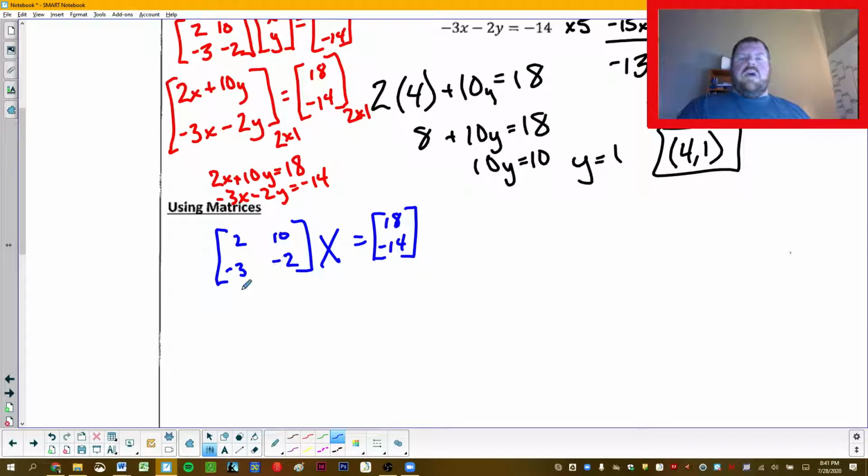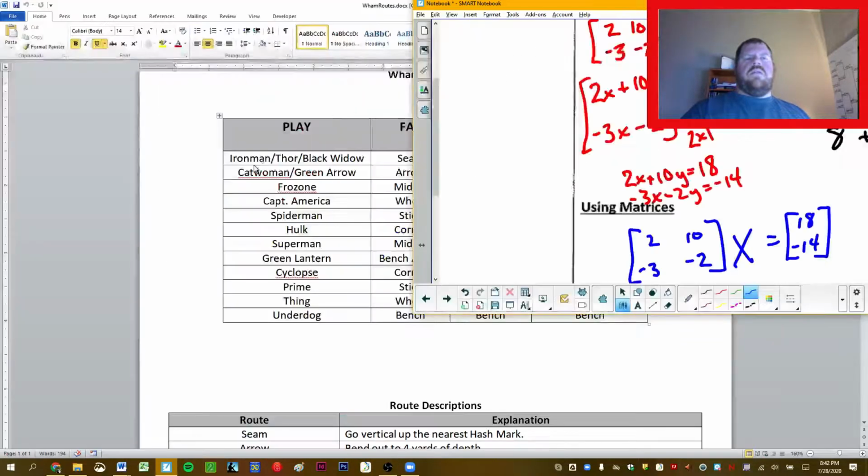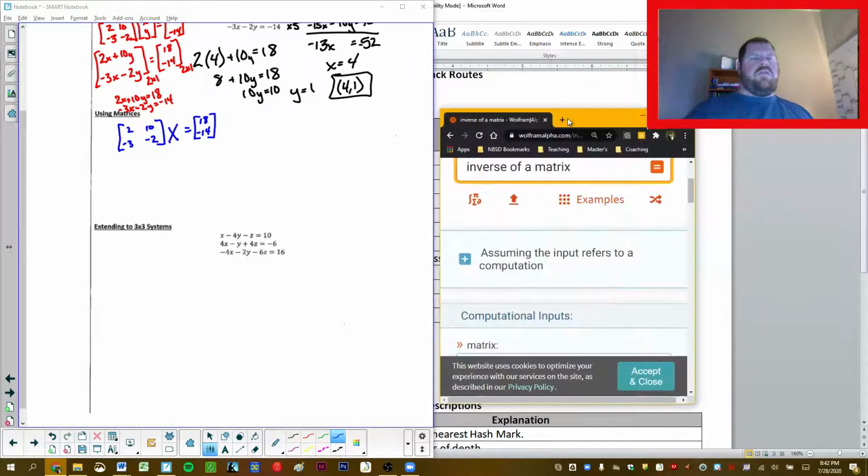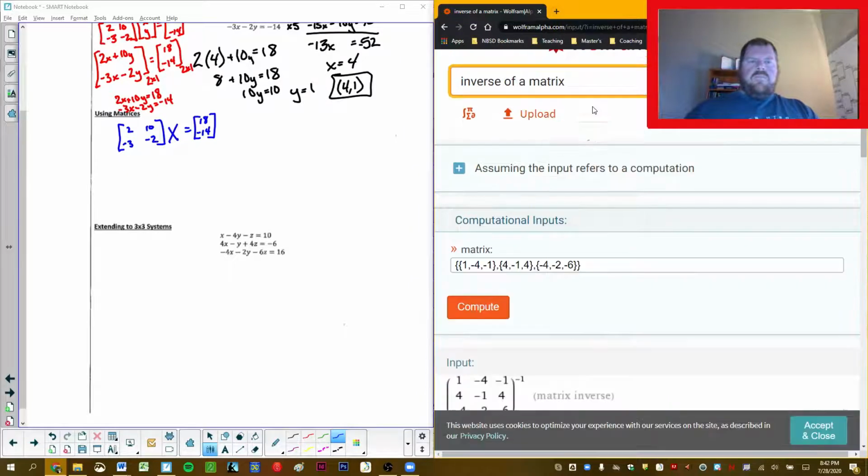Okay. We could do it by hand. Again, I'm going to use Wolfram Alpha really quick. Let me make this half a page. This is a 3 by 3. I just want a 2 by 2.